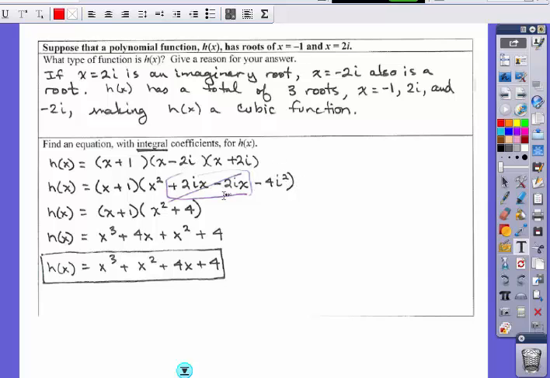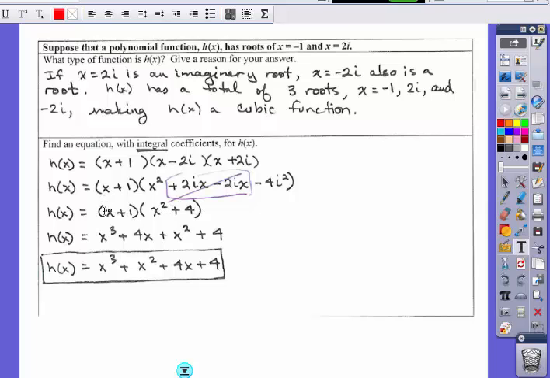These 2 are going to cancel off because one's a positive 2ix and one's a negative 2ix. And remember, i squared is the same thing as negative 1. So negative 1 times negative 4 gives me a positive 4 down here. So this whole part simplifies to x squared plus 4.